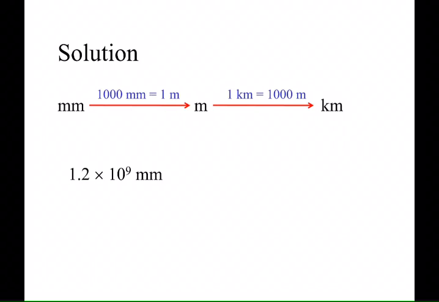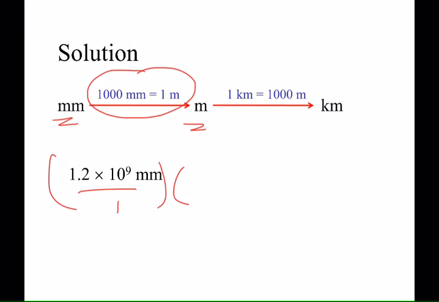So we're going to go from millimeters to meters, and we're going to use this relationship. We're going to put millimeters in the bottom, put meters in the top, and it's really common to make a mistake here. In 1 meter there are 1,000 millimeters.